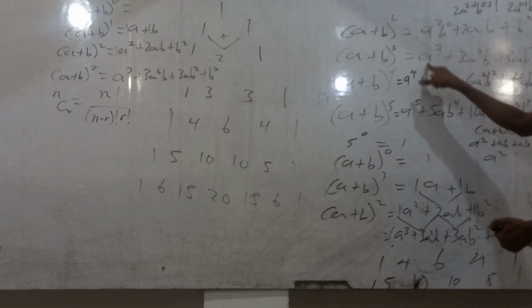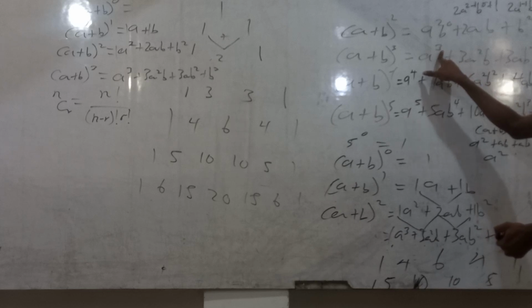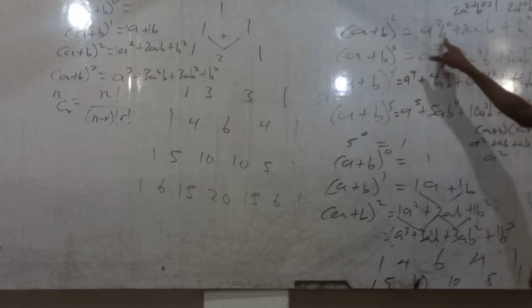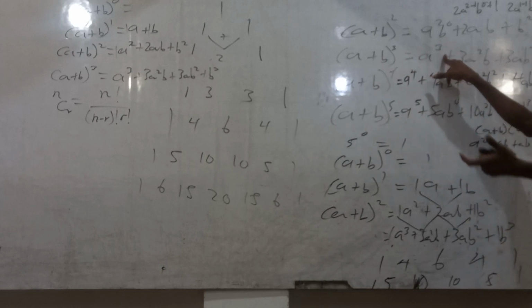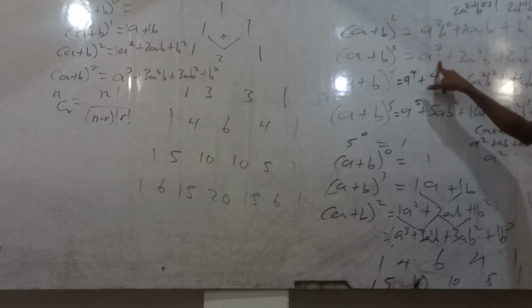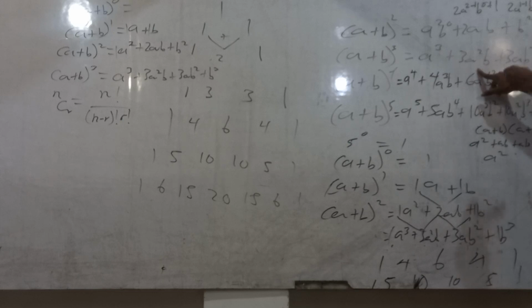So now let's see. A is 3, because I said always the first term, the first variable takes the maximum power. You get it? So A is 3. So the B is what? 0. But the second term, subsequently, the A will fall by 1, which is 2. Then the B will increase by 1.